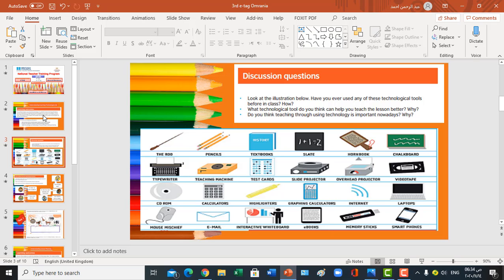Slide projector and overhead projector. What is the difference between the two? A slide projector is a piece of equipment used for displaying photographs and slides on a screen. You put a number of slides in the slide projector and press a button to show the slides one after another on a wall or to enlarge them, like a show in a cinema.